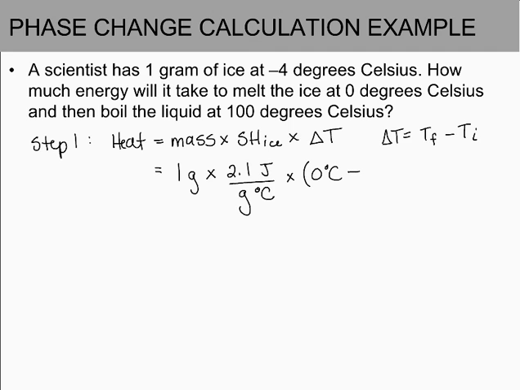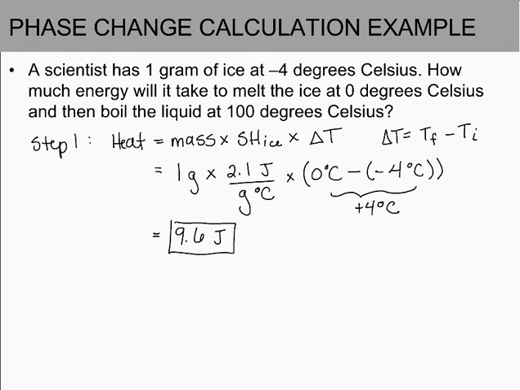So we're going to subtract -4 degrees Celsius, which actually gives us a value of +4 degrees Celsius. Okay, so 1 times 2.1 times 4 will give us a value of 8.4 joules. Okay, so that's our amount of heat needed for step 1.